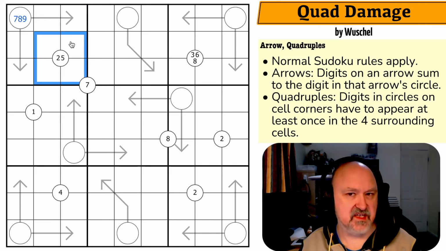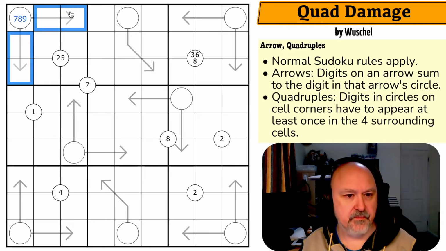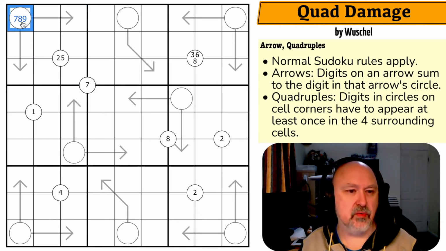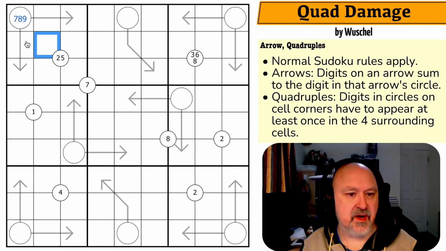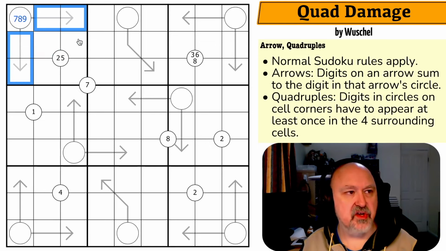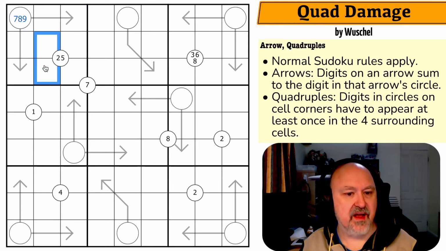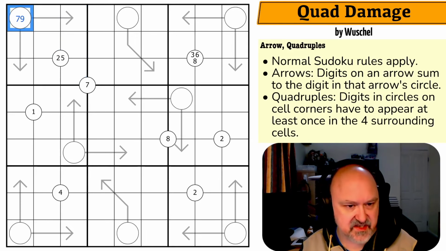I can't use 6 because 6 would be 1 5 and 2 4, and I don't have 2 available. But 7 I could use 1 6 and 3 4. 8 would be 1 7, I don't have 2 6. Oh, 8 may not be possible, because the way you can do 8 is 1 7, 2 6, and 3 5, and I can't use 2 6 or 3 5, so 8 is not possible. So this is only 7 or 9.